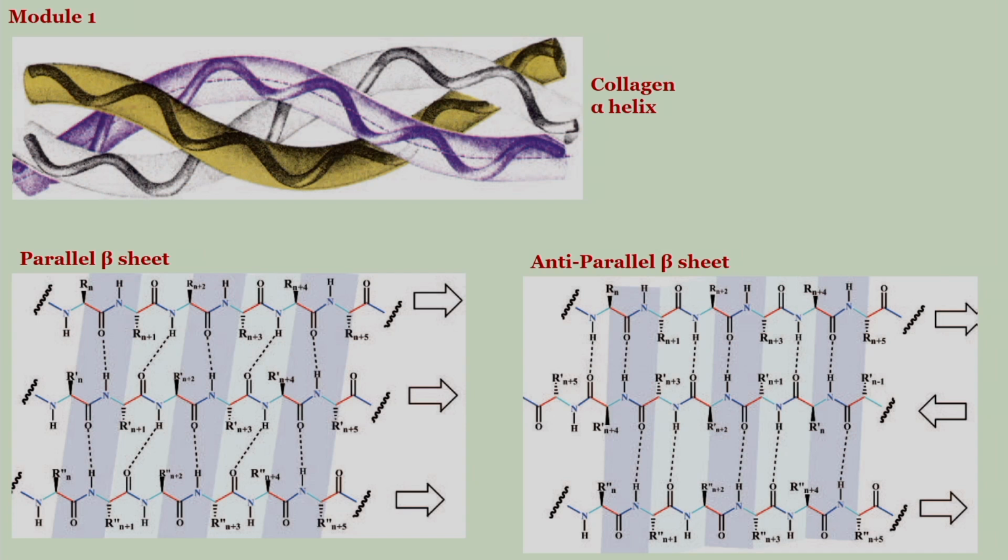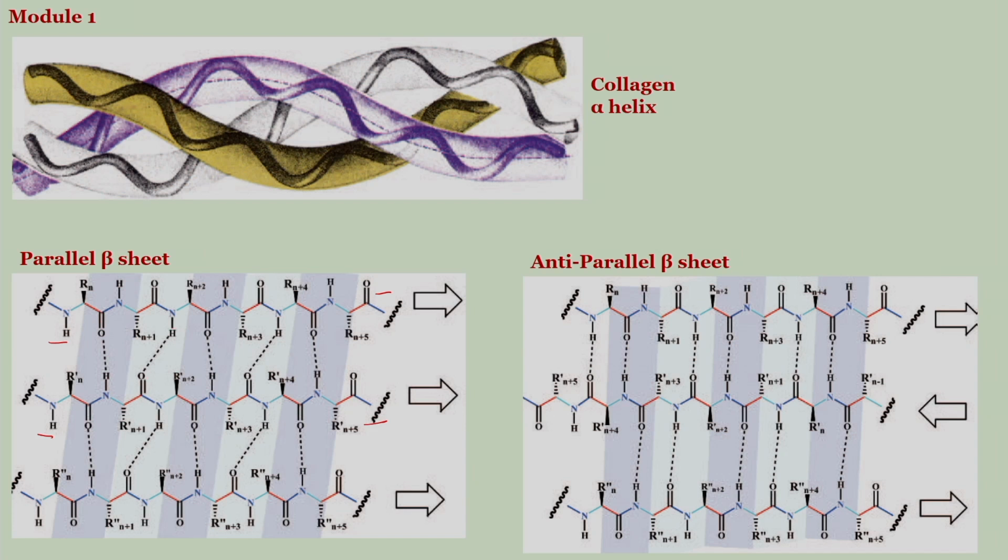And again the beta structure can be of two types. One is that you have started with the N terminal here, and this is your C terminal. The other protein can be in the same direction, N terminal and C terminal, and then you can see that their backbone, this amine and this carboxylic acid, are coming within hydrogen bond distance.